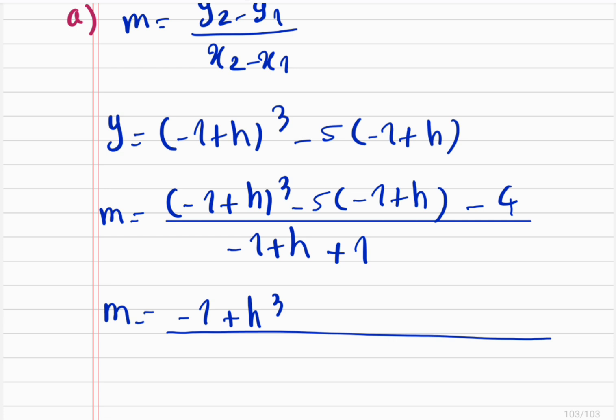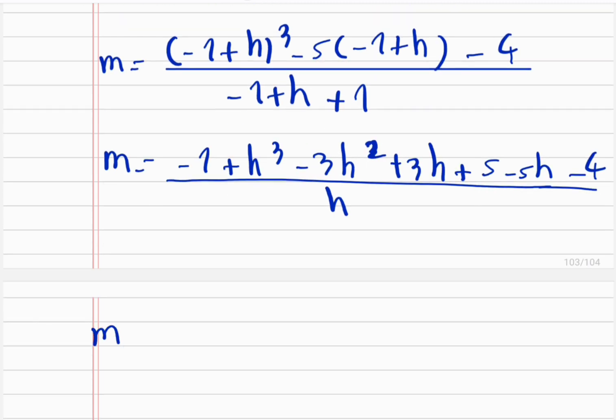One term is -3h squared, which is 3 times the first term times the second term squared. And then we also have 3 times the first term squared times the second term, which is just positive 3h. And then expanding the second bracket, which is plus 5 - 5h - 4, divided by, so -1 plus 1 is 0, and then divided by h.